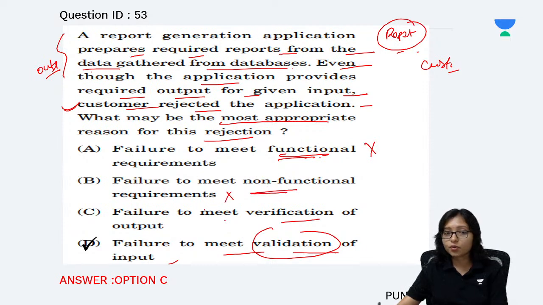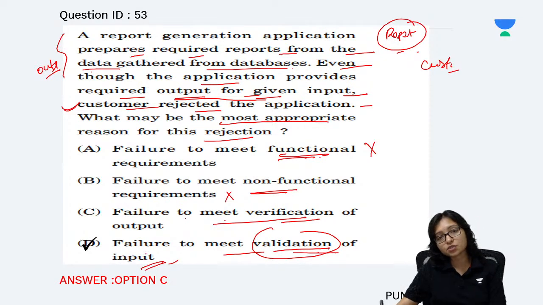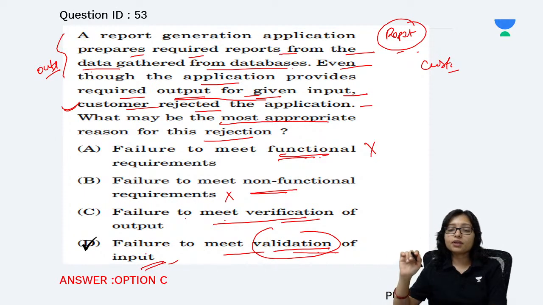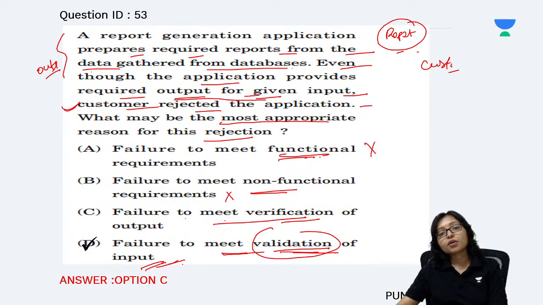Non-functional also not a problem. Verification is done, proper output is given, but it's failure to meet the validation of the input. Maybe validation is not getting successful, that can be there. In the validating there is a problem. That's why your answer will be failure to meet the validation, because verification, functionality, everything is working fine.